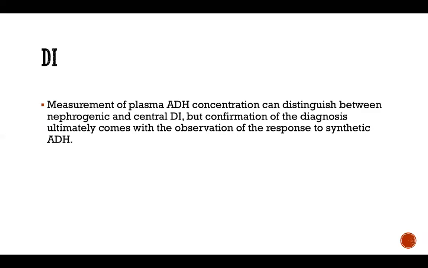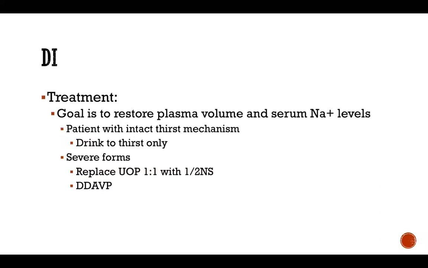There is another way to distinguish between nephrogenic and central DI, like the measurement of the level of antidiuretic hormone. But usually it's confirmed by the response to synthetic antidiuretic hormone, like desmopressin. The treatment of DI is that you need to target the restoration of plasma volume and a normal sodium level.